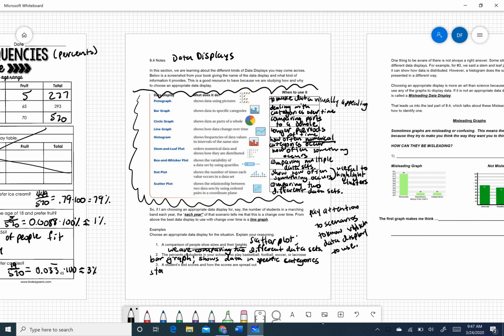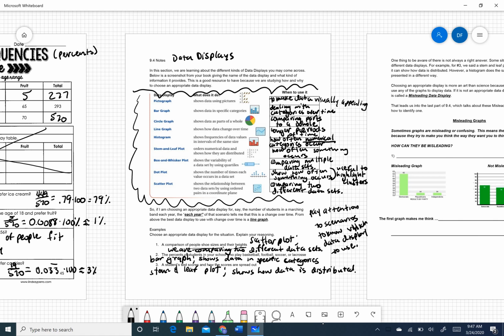I could probably also use a scatter plot here, because we're comparing the student test scores and how those are spread out.